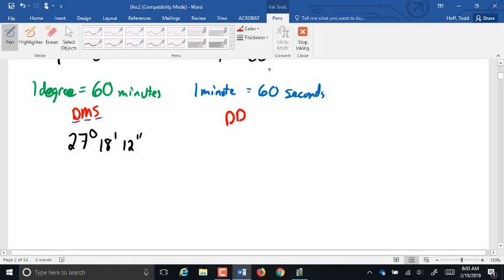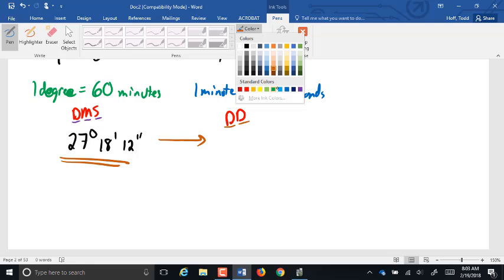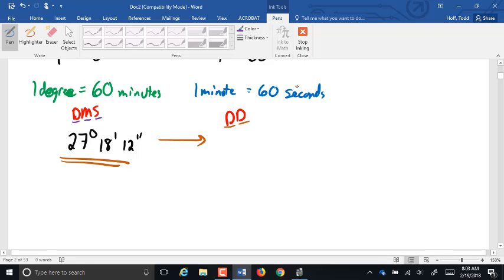Compared to something called DD notation. DD notation stands for decimal degrees. So one of the things we want to be able to do is to convert from DMS into DD. To do that, just like if we had feet, inches, and sixteenths, and we were converting it all into decimal feet, we start with the smallest unit.